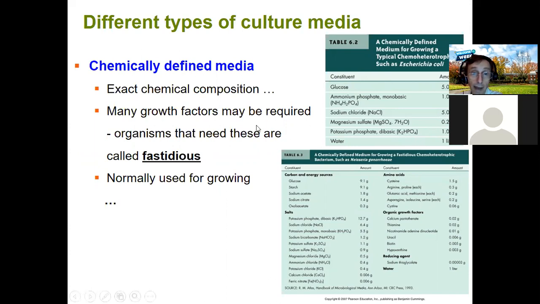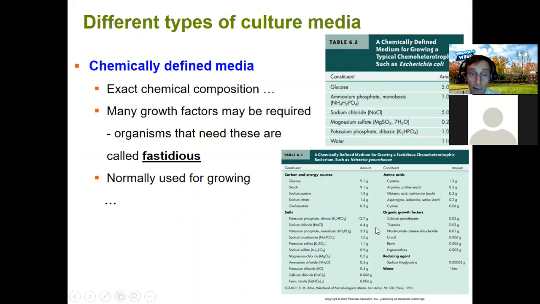Sometimes many growth factors may be required for the organism in order for it to grow. These are called fastidious organisms, organisms that require many growth factors.